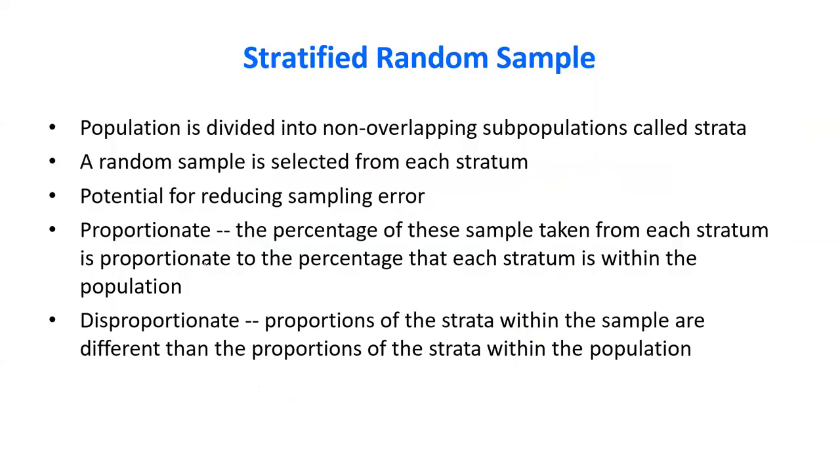Now comes stratified random sampling. Here, the population is divided into non-overlapping subpopulations. So now you have basically a population, and you can create strata, something like this. I want a clear representation of this population.